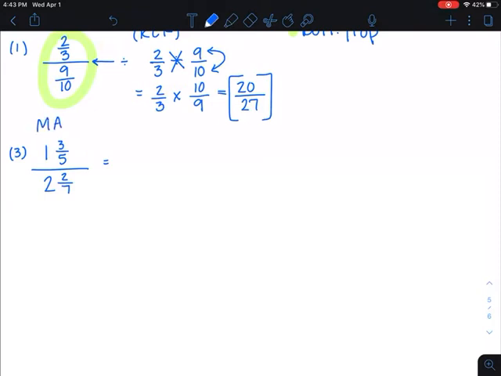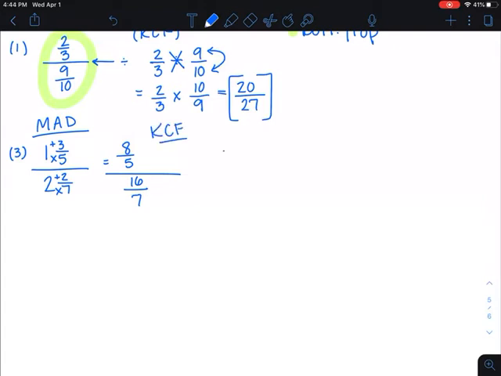So first we're going to get MAD, multiply, add, divide, to change these. So 5 times 1 is 5, plus 3 is 8, and we keep our denominator 5. 2 times 7 is 14, plus 2 is 16, and we keep our denominator of 7.